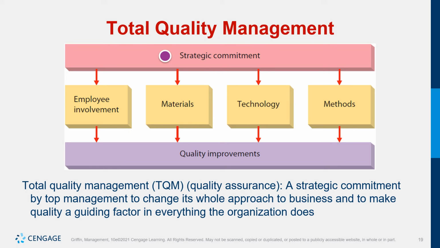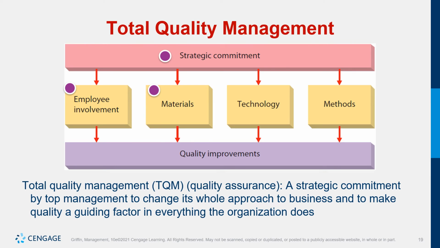Thus, without a commitment from top management, quality improvement will prove to be just a slogan or just a gimmick, with little or no real change. Employee involvement is also important. The person responsible for doing the job should also be responsible for making sure that it is done right. Work teams are a popular approach to increasing employee involvement.